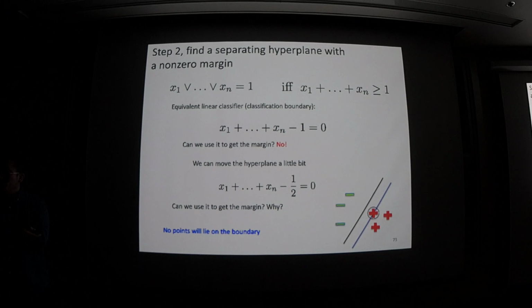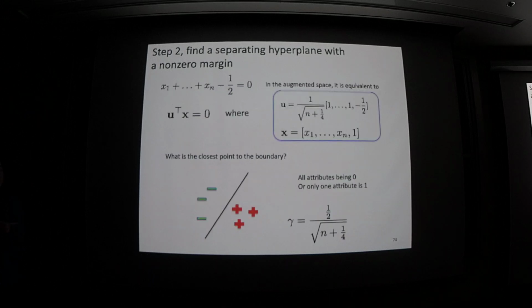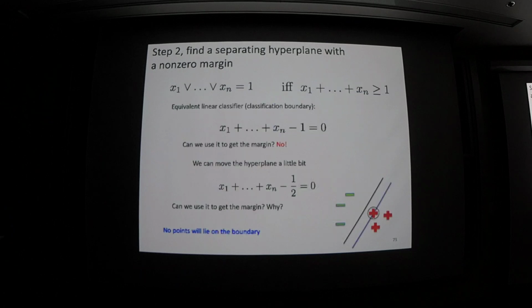Everybody's comfortable? Okay, then we can look at the margin for this hyperplane. What is the margin? Which point is closest to this hyperplane? You can either set all x1 to xn to 0, or just set one element to be 1.